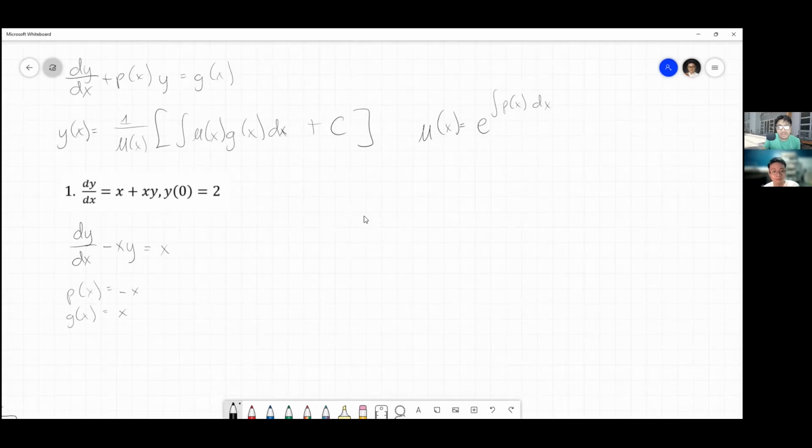Then next, kunin natin si integrating factor, si mu of x. That is just equal to e to the integral ni p of x dx, which is e to the x squared over 2.